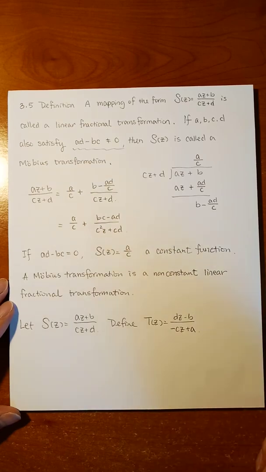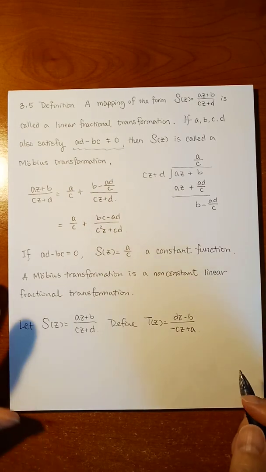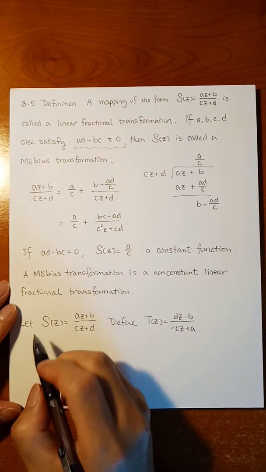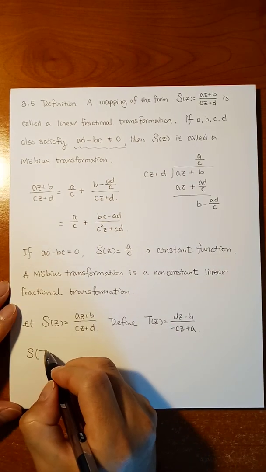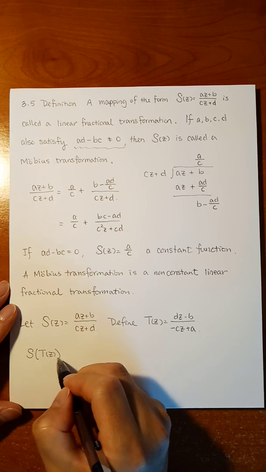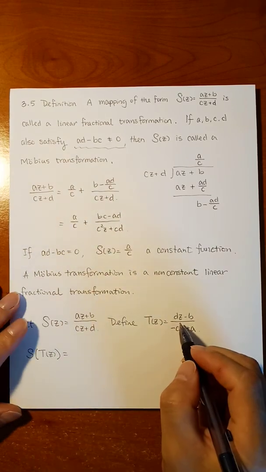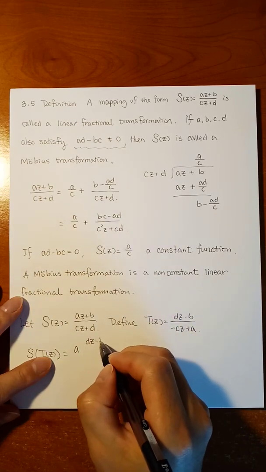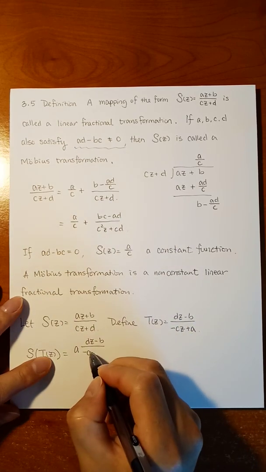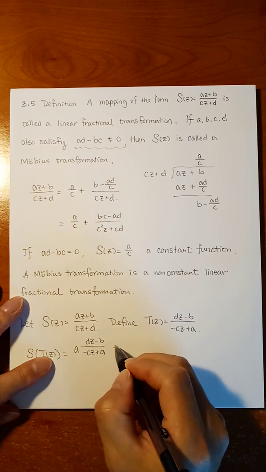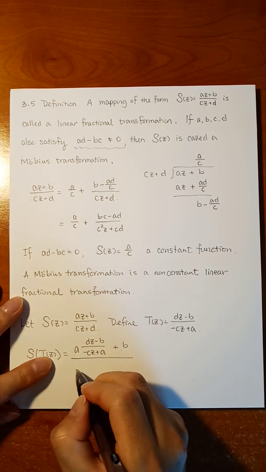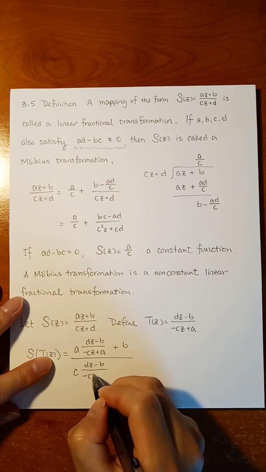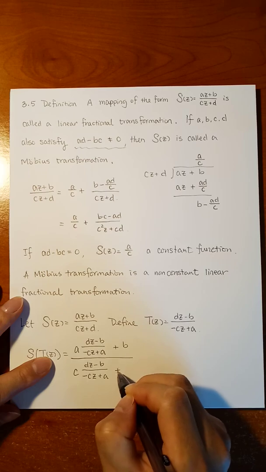Well, let's see what we have. We do the composite transformation S composed with T. So it's a times (dz minus b) over (negative cz plus a), plus b, over c times (dz minus b) over (negative cz plus a), plus d.